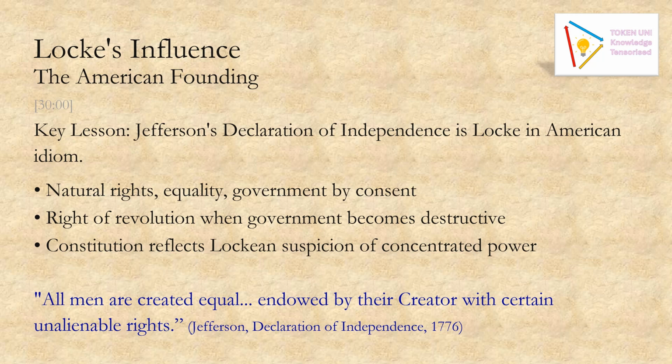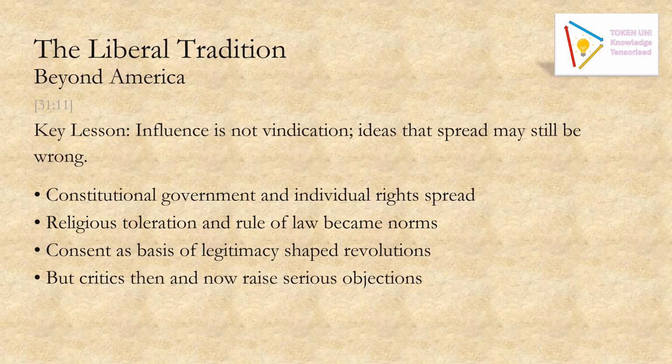Beyond America, Locke shaped a liberal tradition broadly: constitutional government, individual rights, religious toleration, the rule of law, consent as the basis of legitimacy. These ideas spread through the 18th century, fueling revolutions and reforms across the Western world.